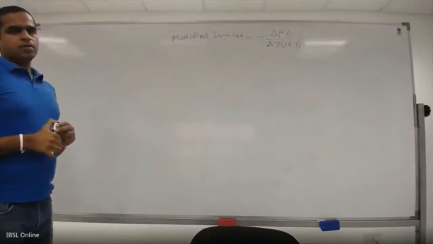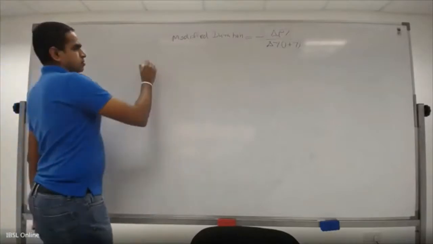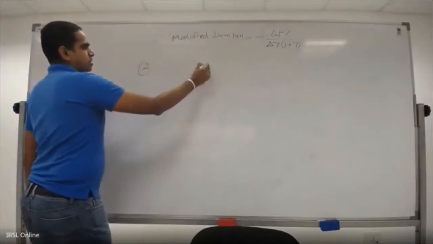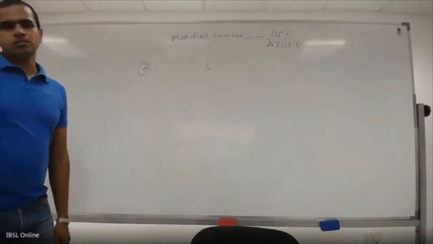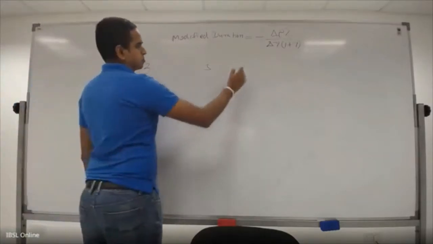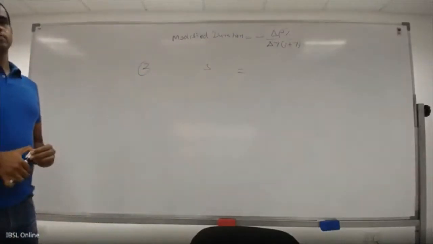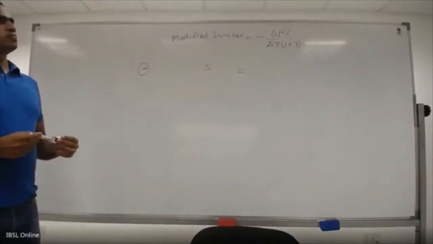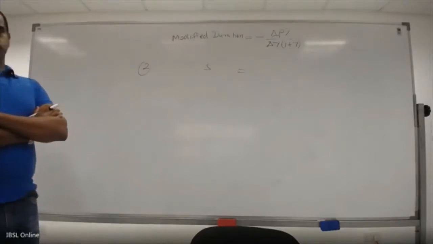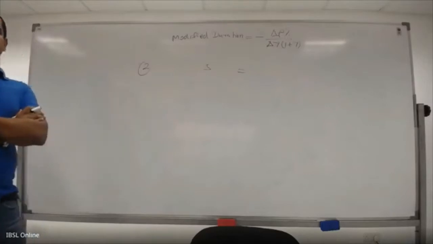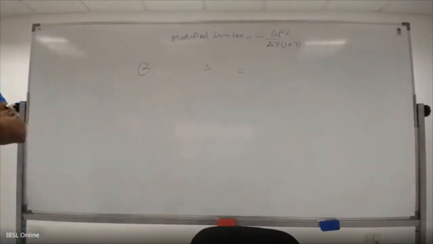Second question: if a bond has a duration, let's assume this duration is modified. Modified duration is 5, and the yield increases from 7 to 8%. He asked to calculate the approximate change in the bond price.